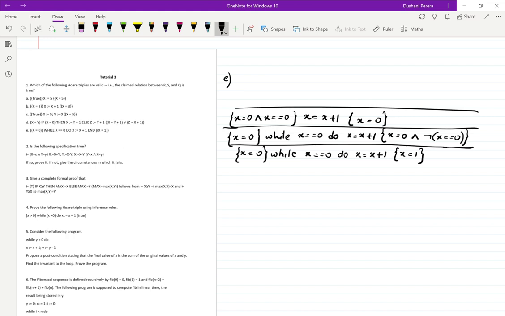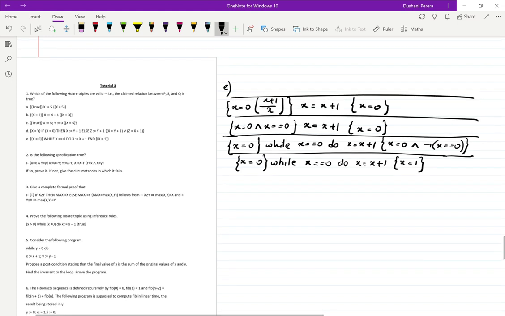Okay, now let's apply the assignment rule. x equals 0, Q, E over X, x equals E, Q. And then we assign the value of E to X. So x plus 1 equals 0, x equals x plus 1, x equals 0.